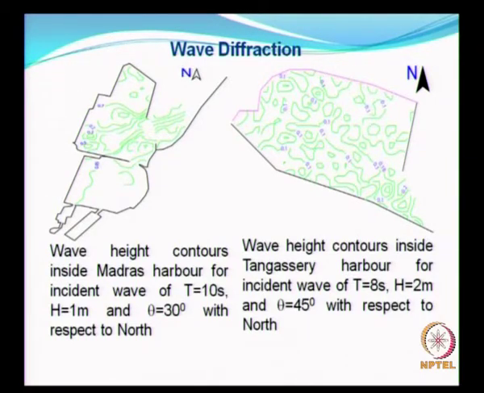So this shows how the wave height contours look like. On the left side, you have the Chennai harbor, one of the major harbors. On the right side you have the layout of Tangaseri fishing harbor.